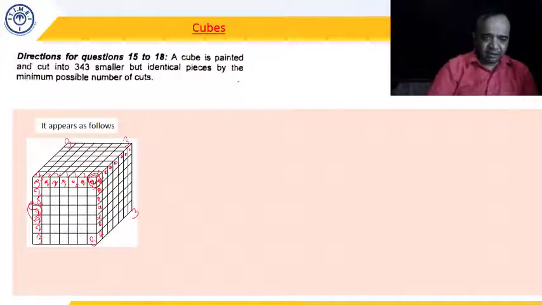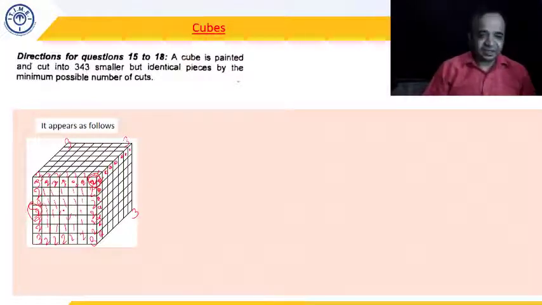Now, similarly, if I go for one face painted, all these are now removed from the list because two face painted and three face painted are removed. Now look at this one. The pieces lying on the faces have only one face open or exposed towards the painting. So these are in the one face painted category, and these are lying at the faces.